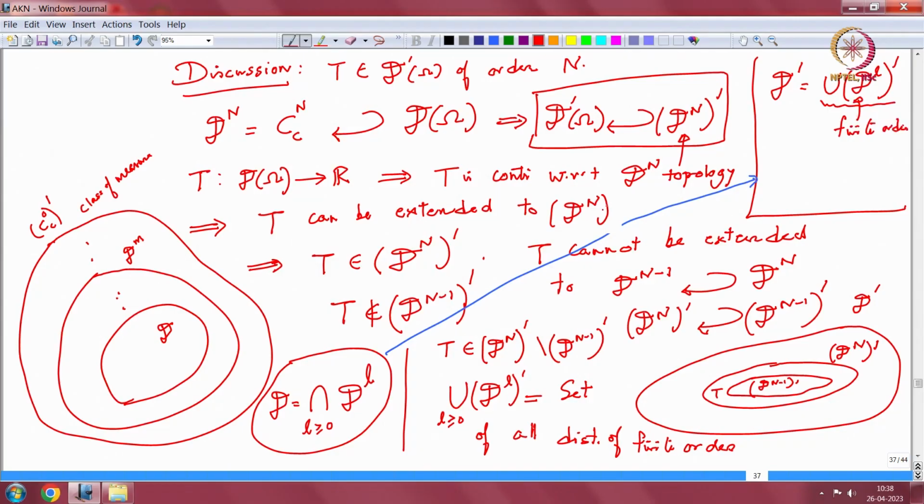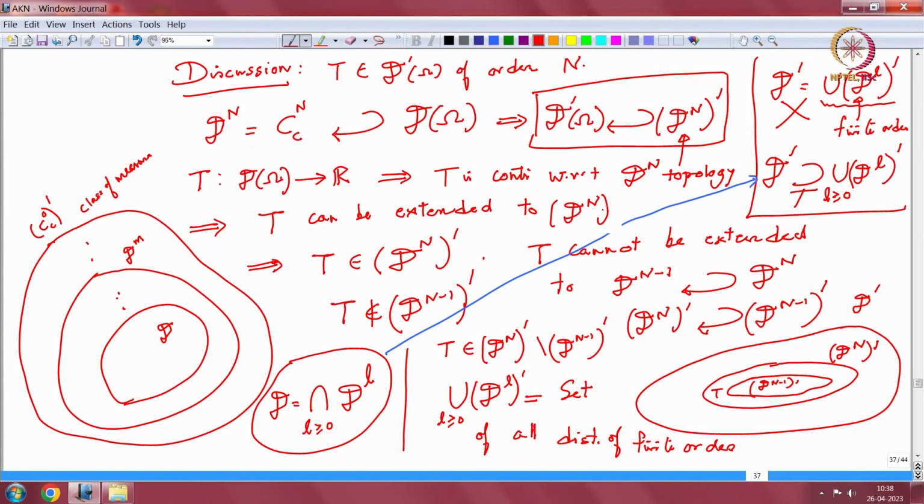D prime contains distributions of infinite order. So this is wrong. What you only have is that it will not catch everything, the union of D^l prime for all l greater than or equal to 0. Because you know that in fact this is a strict inclusion, the exercise tells you that you have distributions of infinite order.